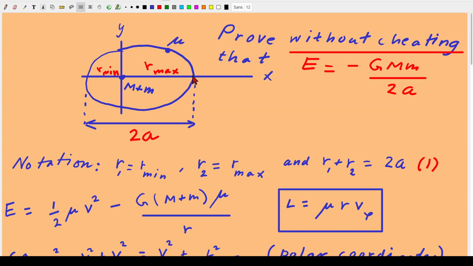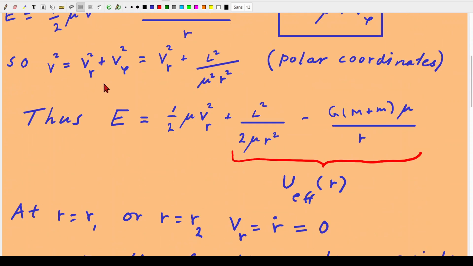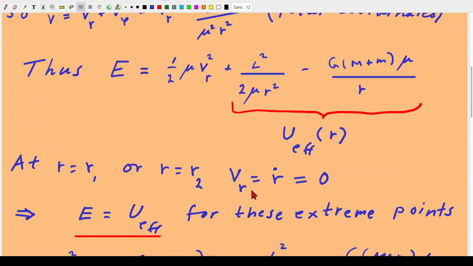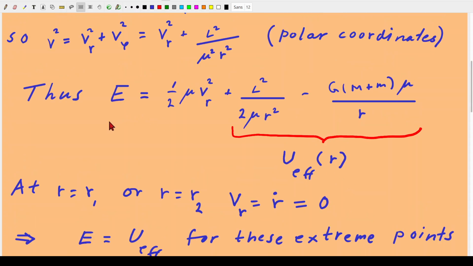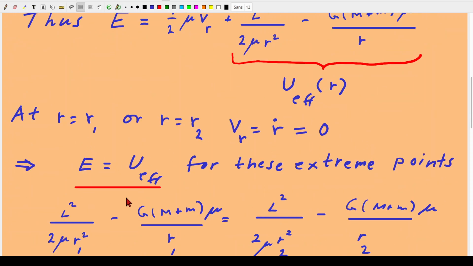There is no velocity whatsoever in the r direction, neither here nor in that direction, only in the phi direction. So for the extreme points, we have that v_r equals 0. And then the orbital energy further simplifies into just the effective potential for those points. That's what I'm writing here.